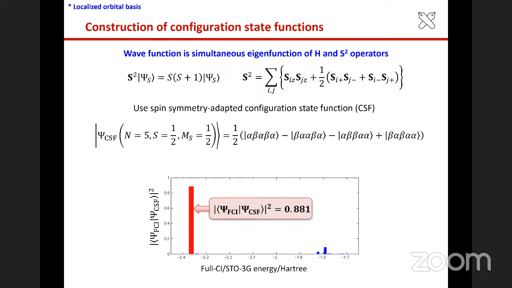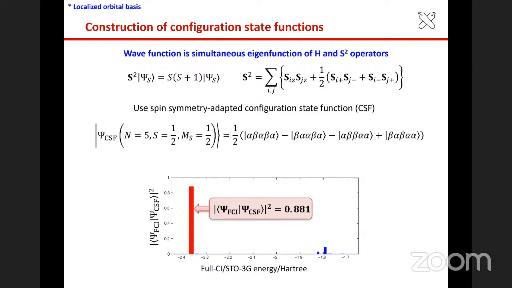If we use the spin symmetry adapted wave function, known as the configuration state function, which is written as a linear combination of these 4 Slater determinants, we can obtain the ground state with a probability of about 0.881.